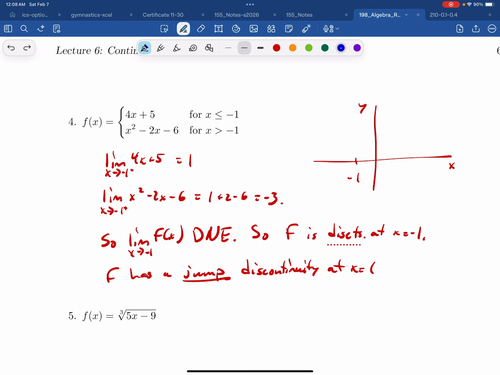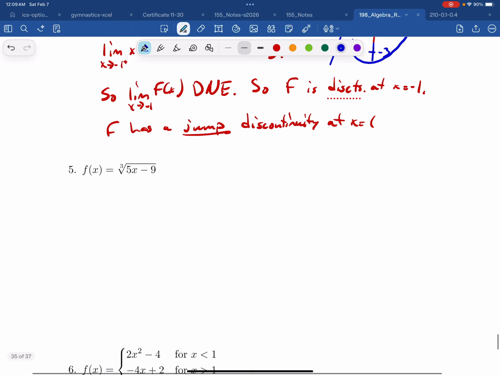This graph is at 1, right? So it's something like this. Let me make it a little steeper. Something like this. Okay. And then all of a sudden we have x squared minus 2x minus 6, which is going to be down here. Right, this is at negative 3. And it's going to look something like this. So you see how we jumped down like that? It's not really an asymptote per se, but we just jumped down. That's a jump discontinuity. Okay.